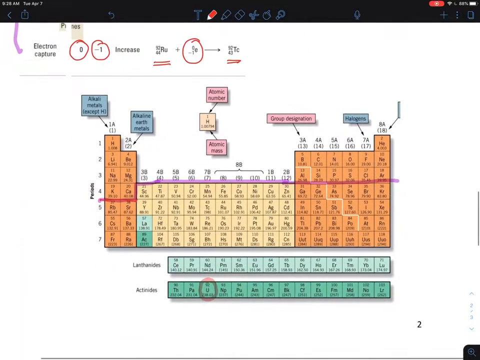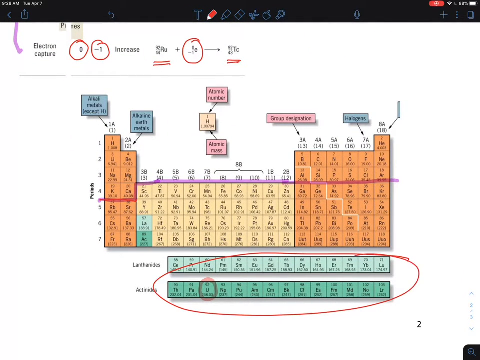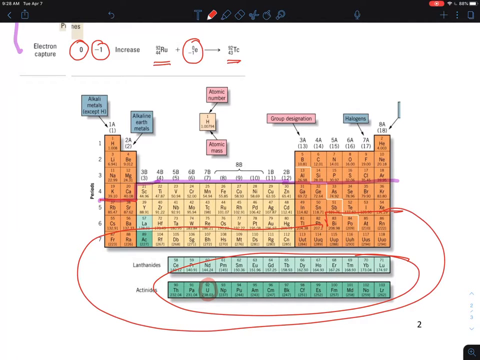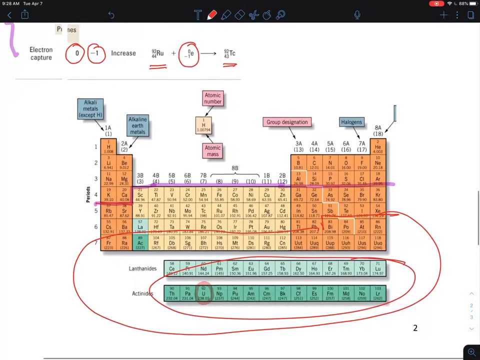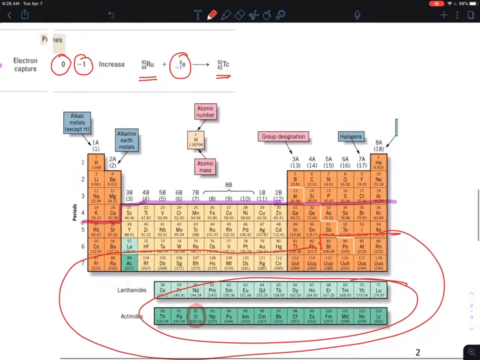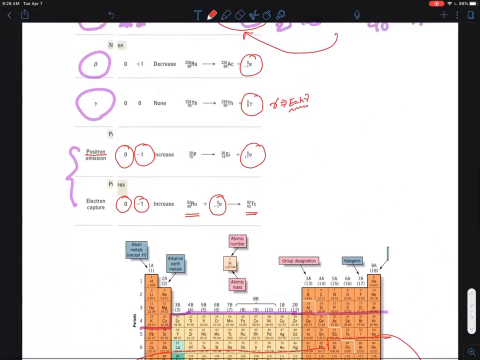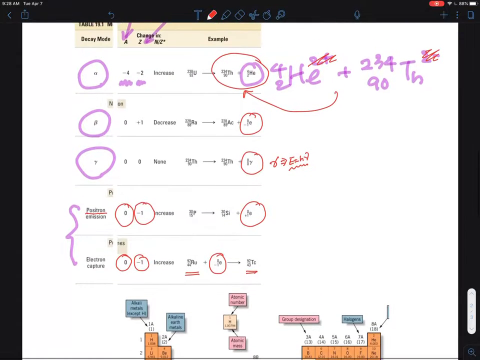Anything down here, and then something here, anything down here, these are all things that are not so stable, so they like to decompose. They are very unstable elements, and it's a very difficult compound nuclei that can emit the electron, emit the protons, and there are a lot of complex scenarios.